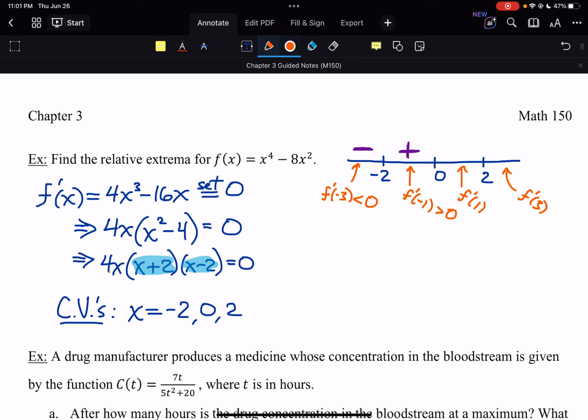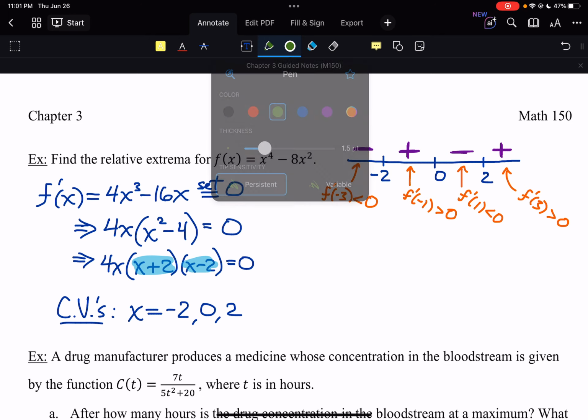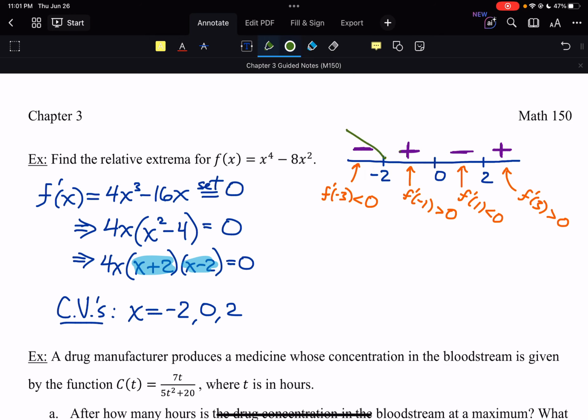So with 1, we get positive, positive, negative, so less than 0. And with 3, it's all positive. So we go negative, positive. So our graph is going down, then up, then down, then up, like that. So decreasing, increasing, decreasing, increasing.